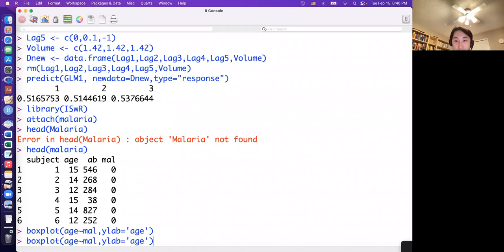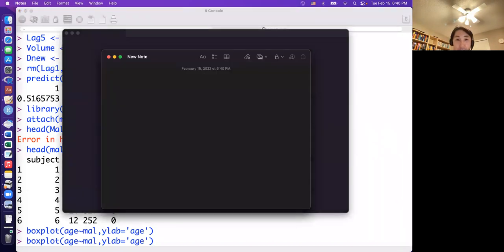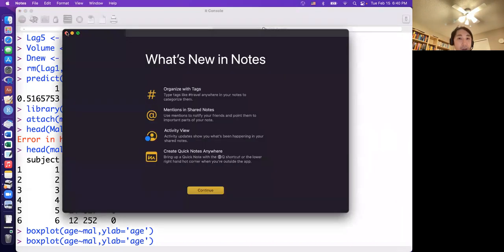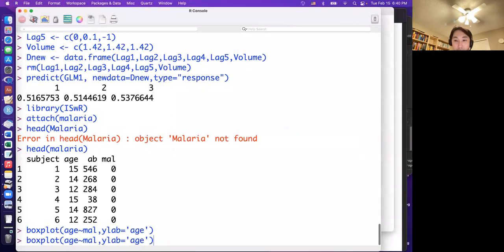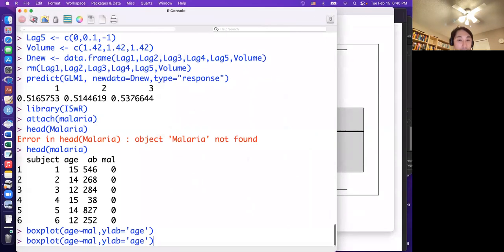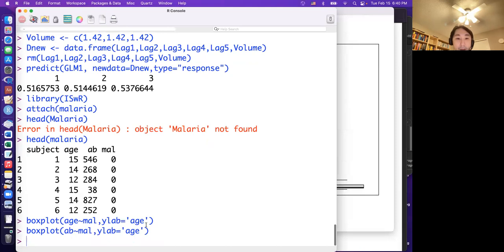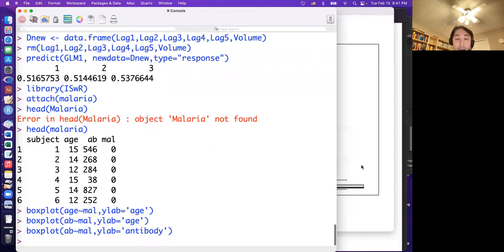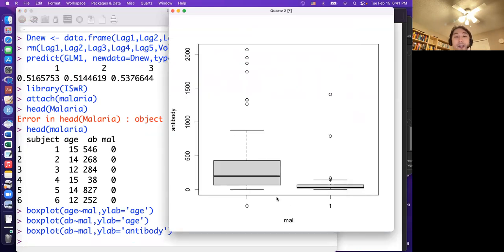Then the next one, the antibody AB. But this is very skewed data, so we cannot really see the tendency.